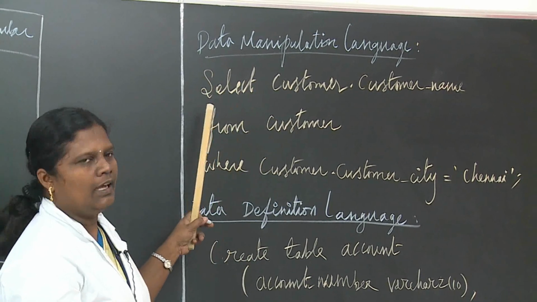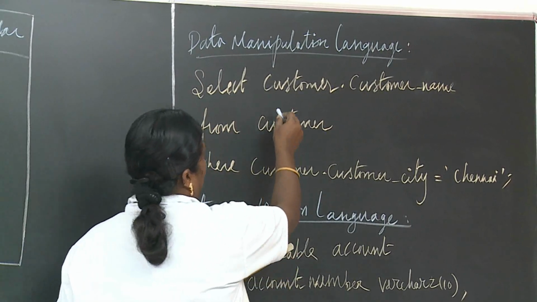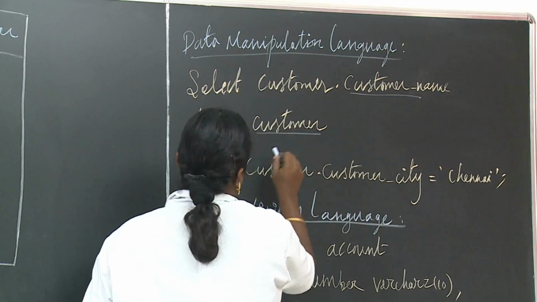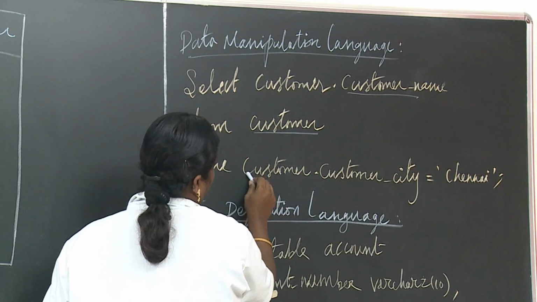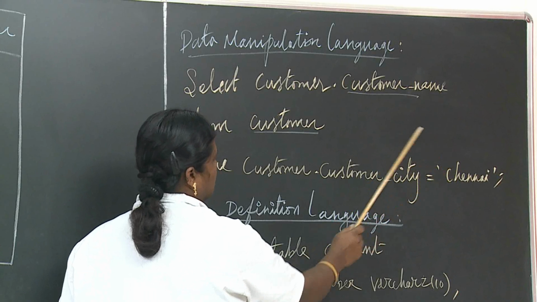Among those operations, one example is: select customer name from the relation customer, where customer.customer city equals Chennai.